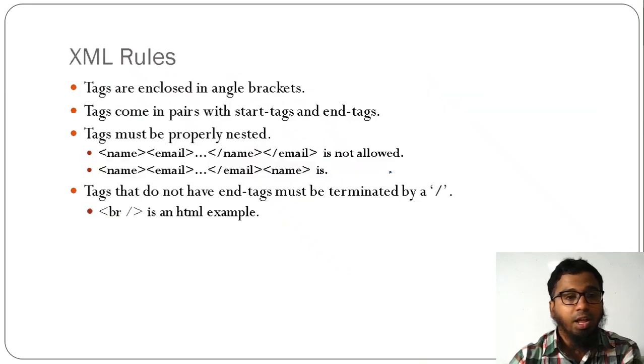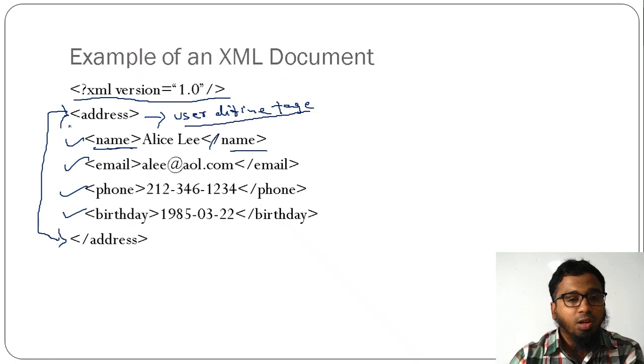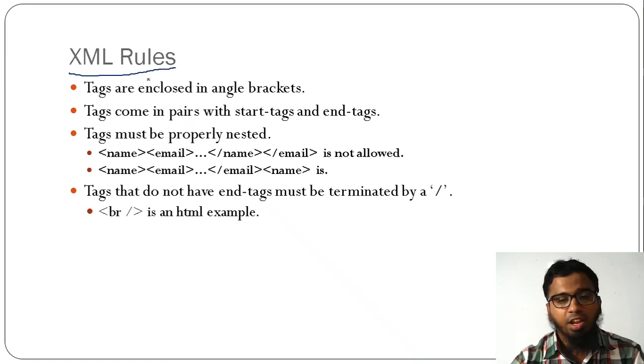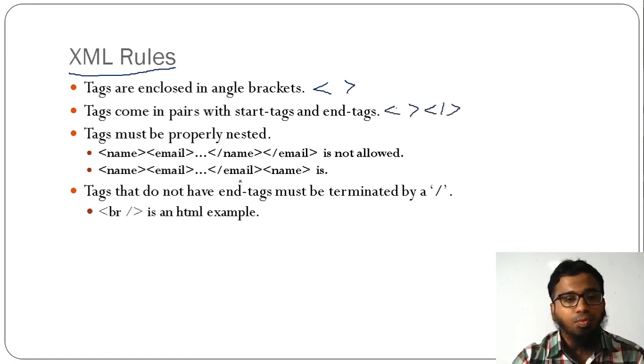Okay. Next, there are some rules to define, like as I told you here, it is user defined data. So in the same way, how to create your own tags. Tags are enclosed in angle brackets, okay, and tags come in pairs with a starting tag and an ending tag. As I told you, that should be in brackets, and this should be an opening tag and a closing tag.